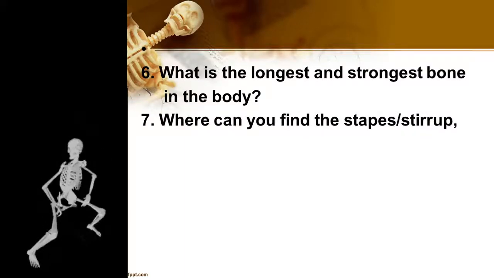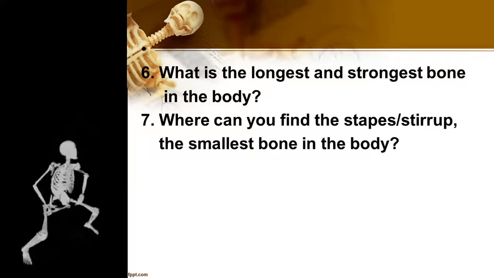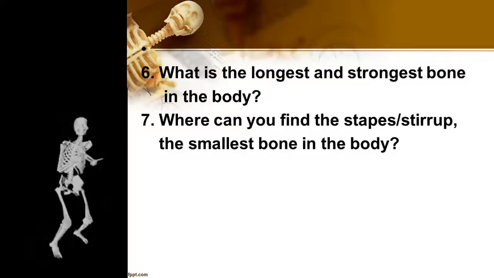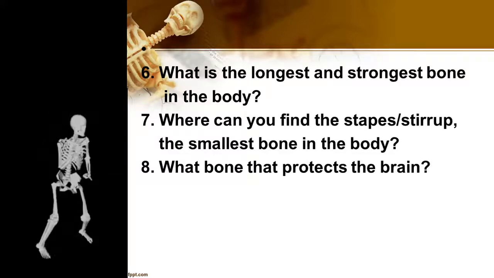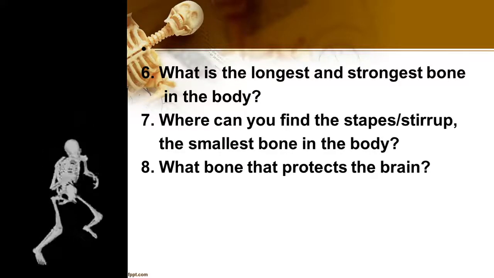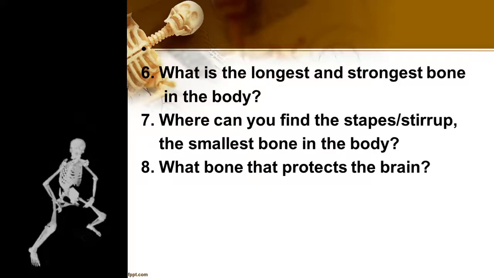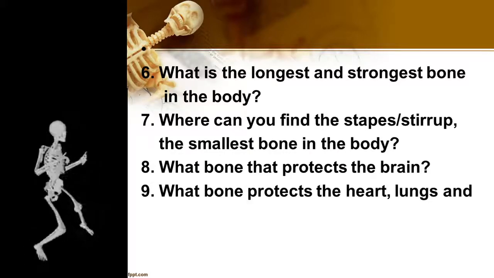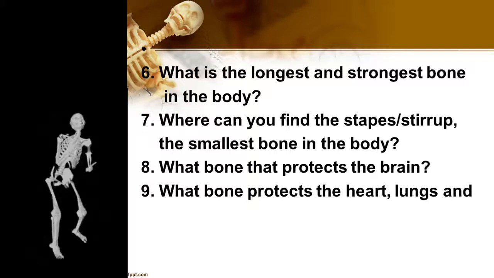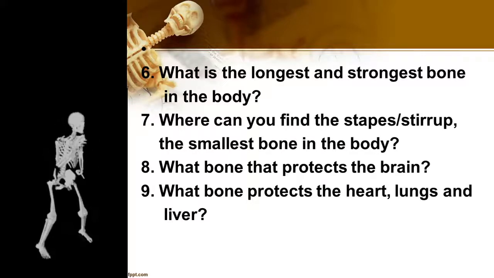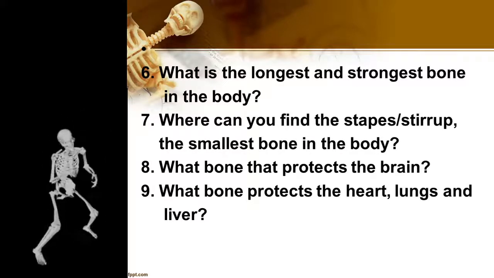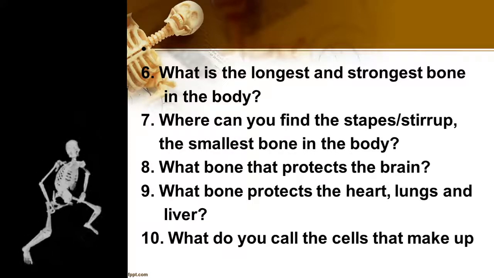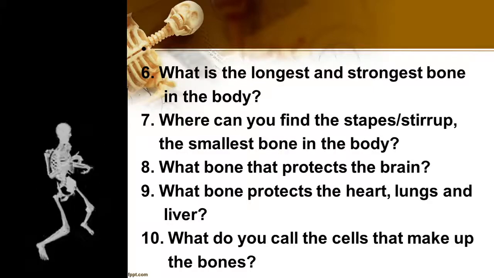Where can you find the stapes or stirrup, the smallest bone in the body? Number 8. What bone protects the brain? What bone protects the heart, lungs, and liver? And lastly, what do you call the cells that make up the bones?